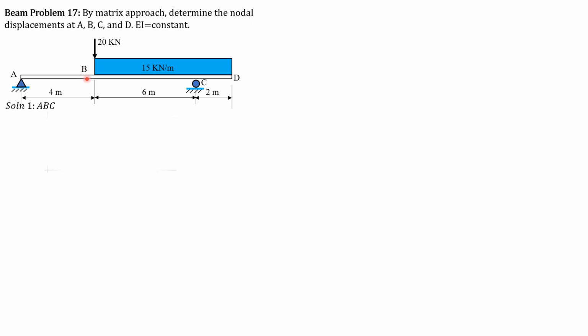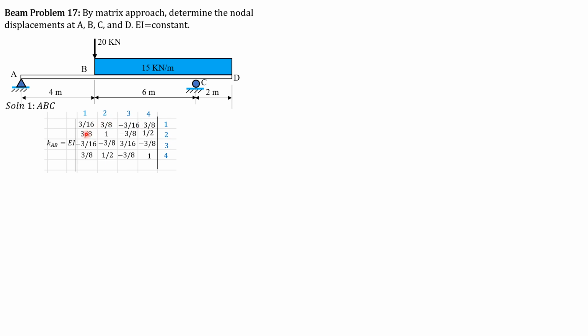For the stiffness of AB, 12 EI over L cubed, we assume EI equals 1. So 12 over 4 cubed is 3 over 16. 6 EI over L square, 6 over 4 square, is 3/8. Then the negative of this cell, we just copy that.